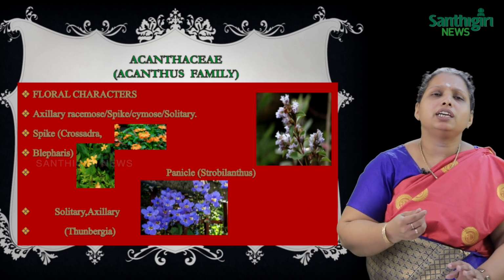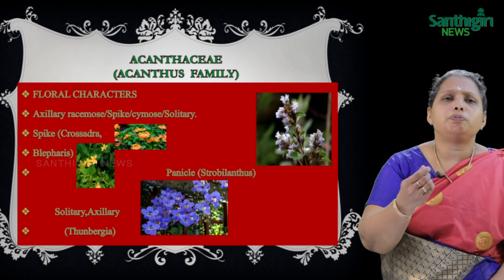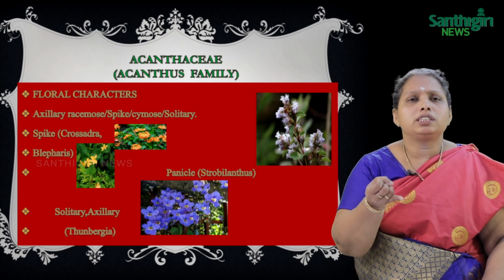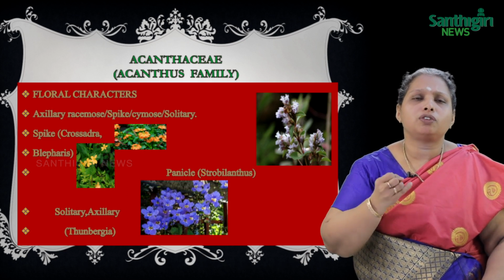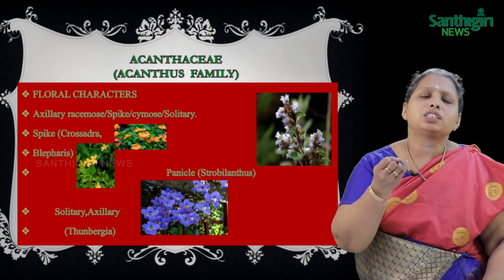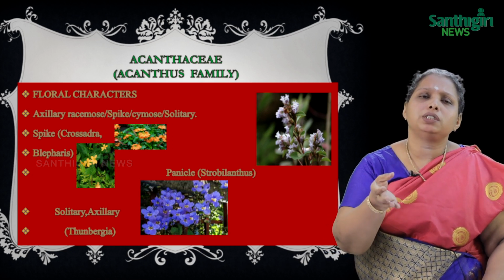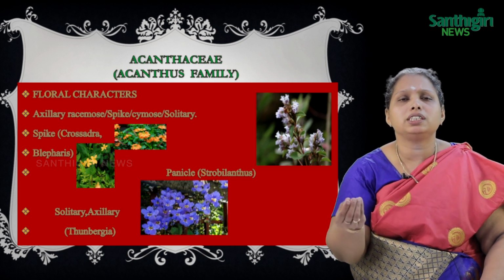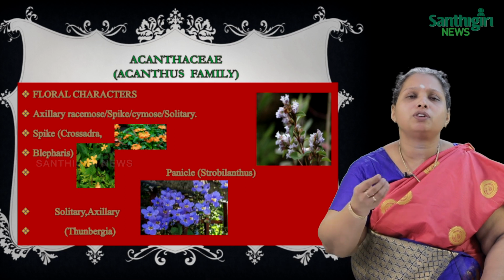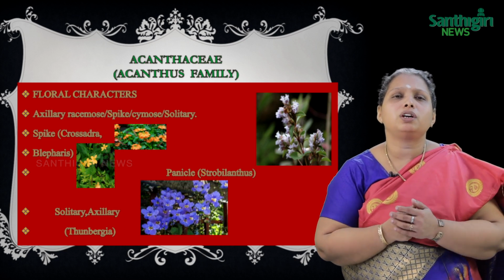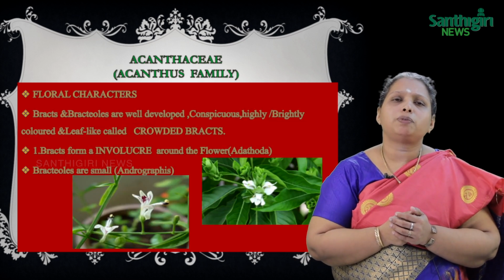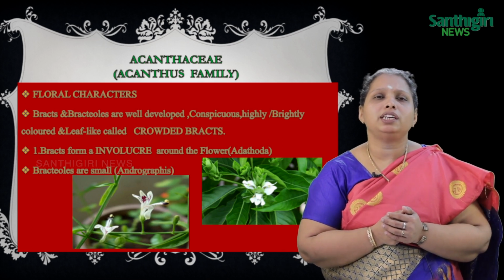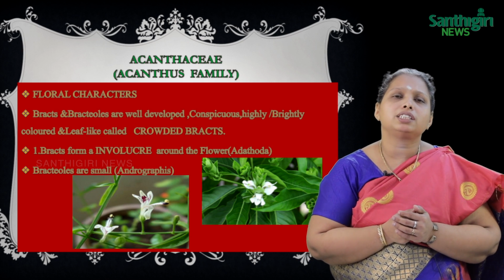In various species of Barleria, either solitary or cymose or racemose inflorescence is found. In Thunbergia, certain species have solitary axillary flowers, and in other species cymose or racemose inflorescence is present. That is all about the inflorescence. Then pass on to flowers. Flowers are very peculiar and very interesting in the Acanthaceae family.